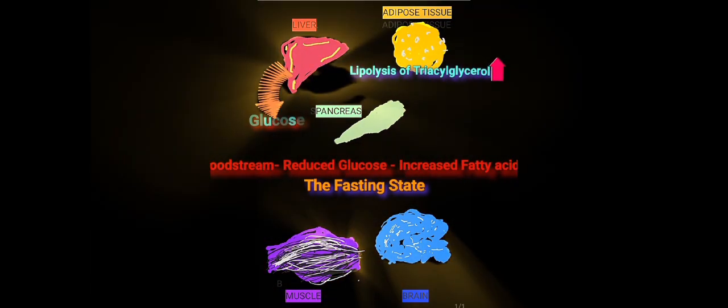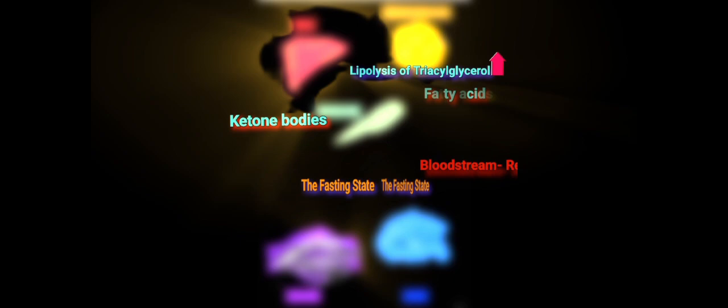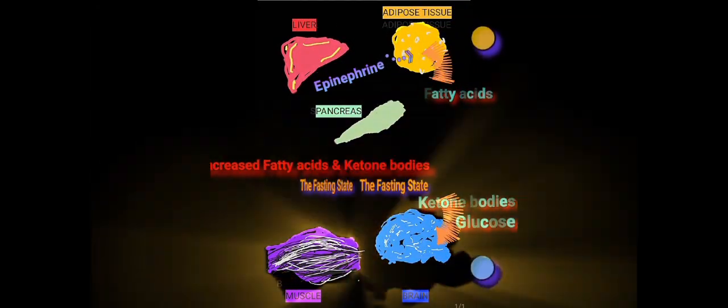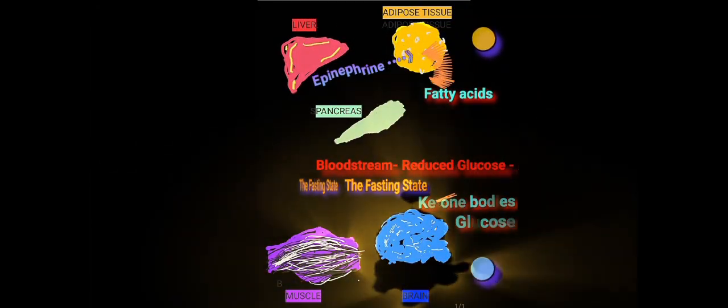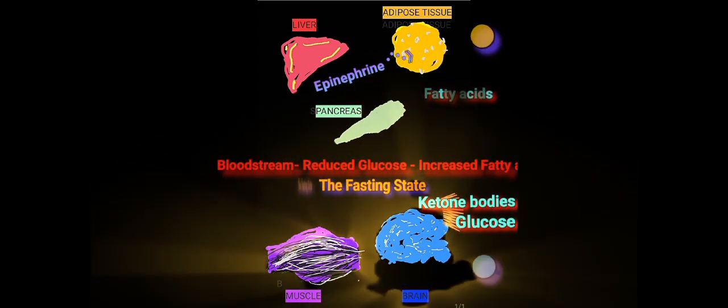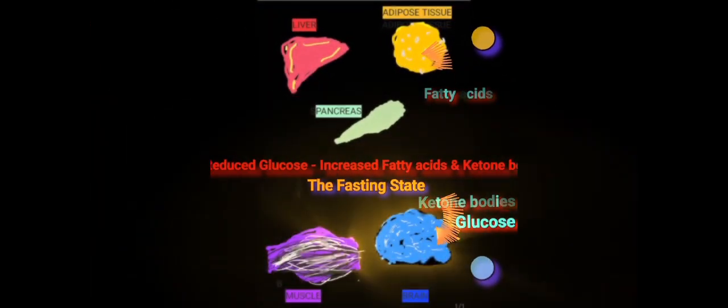The liver and muscle will switch to using fatty acids provided by lipolysis of triacylglycerol in adipose tissue. The brain can only use glucose and ketone bodies, but not fatty acids, for its energy needs.